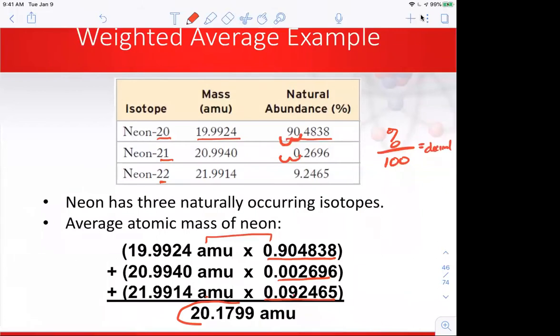When I sum those all up, I get the average weighted atomic mass for neon, which is 20.1799 to the correct number of significant figures using this data. And if I look at the periodic table, what I'm going to see is that neon says 20.8180, which is a little bit fewer significant figures, but you get the idea of how I get those numbers that occur on the periodic table.